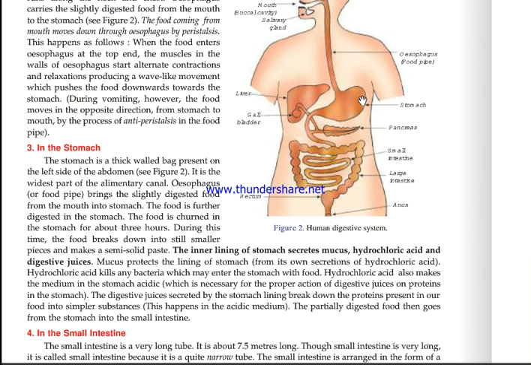So, to protect the inner lining cells of our stomach, the mucus helps.